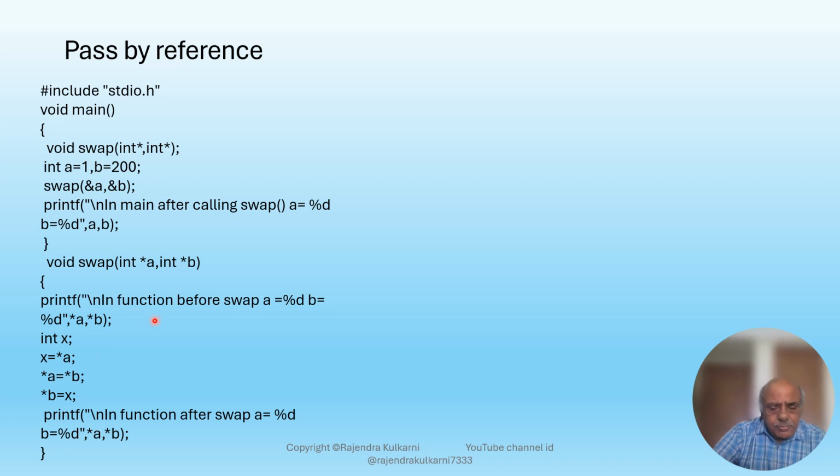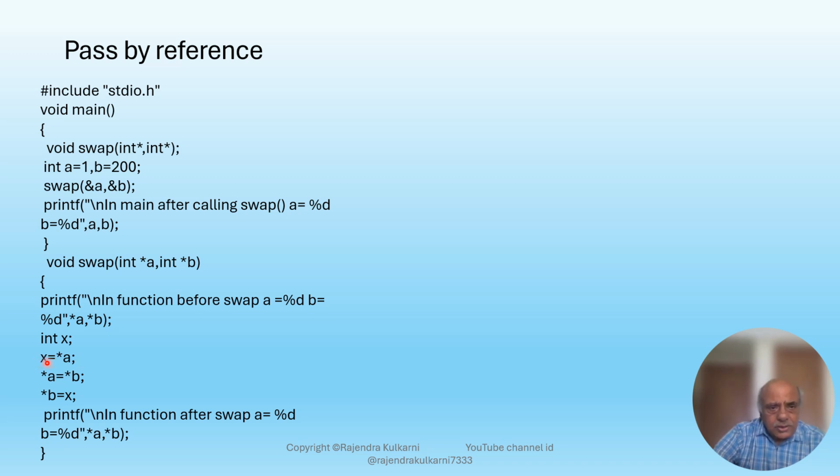Now the logic for swapping the values is the same as we discussed in the earlier slide, but here what we are doing is x is equal to *a. That means the value of a belonging to the main will be passed to x.